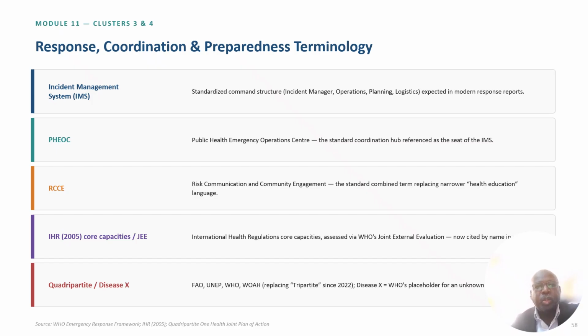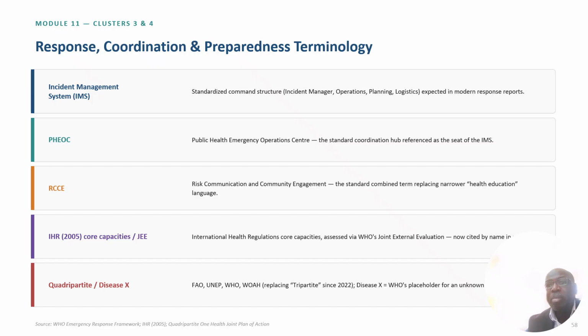IHR 2005 core capacity: that's what we call the International Health Regulations core capacity. Those who belong to the International Health Regulations team are responsible for responding to outbreaks or pandemics or providing support, especially in outbreaks.